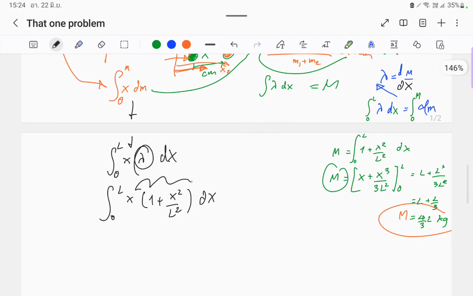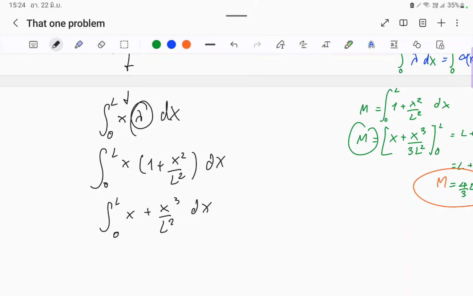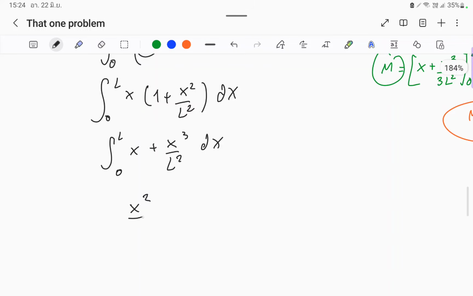And you multiply this together. If you want to do the integration by parts, you get X plus X cubed by L squared, something like that. And you integrate all this, which gives this thing plus this thing and this thing.